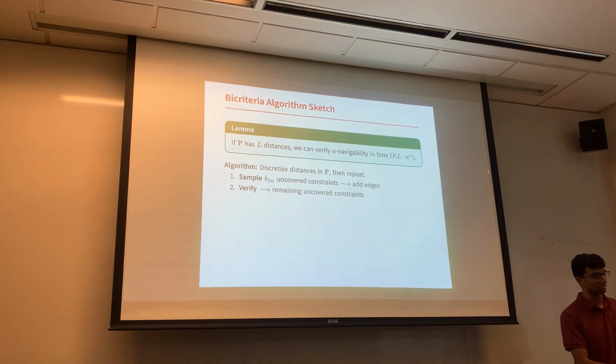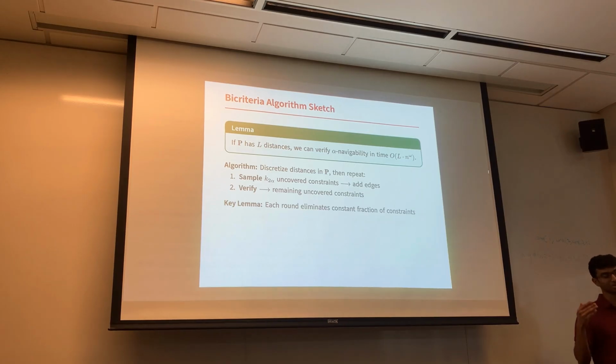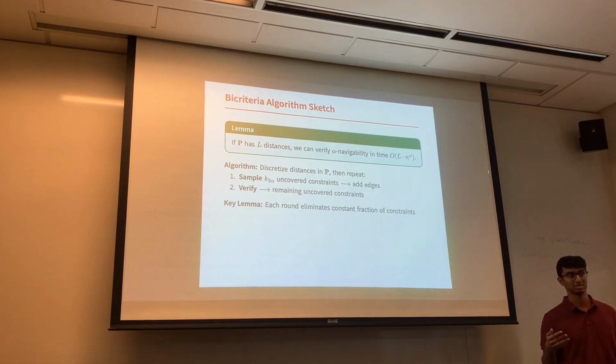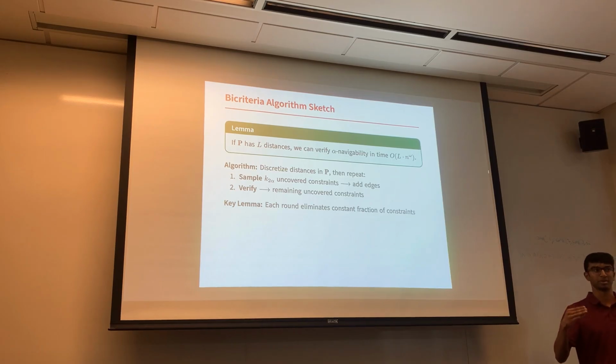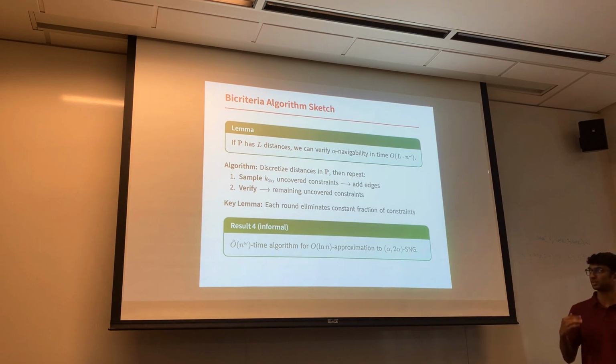A key property of this procedure that I'm not going to prove here is that each round will actually eliminate a constant fraction of all constraints, which means that we'll be done in a logarithmic number of rounds, and this gives us a log n approximation in time O tilde n to the omega.